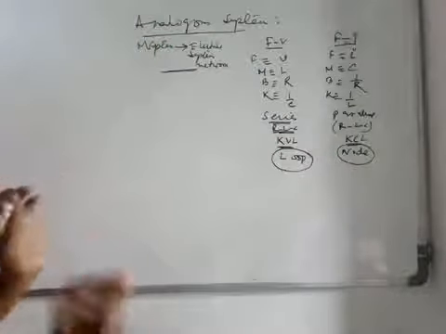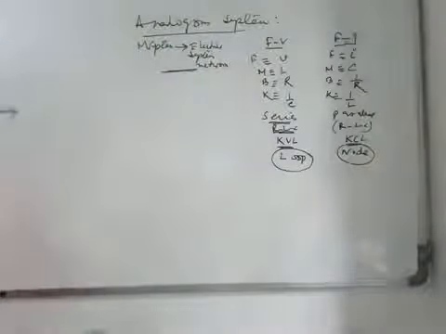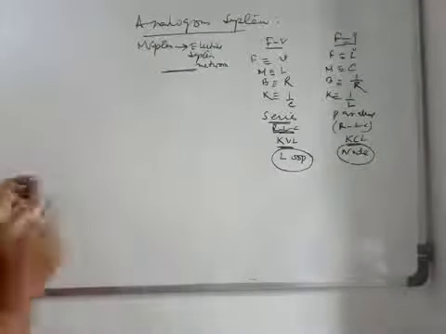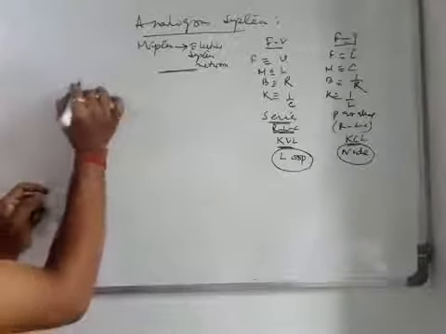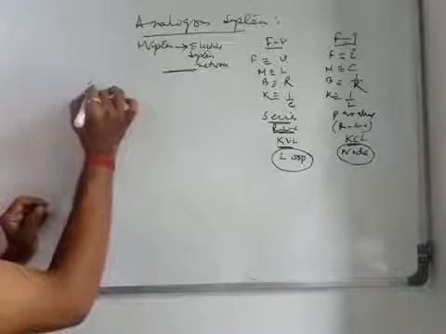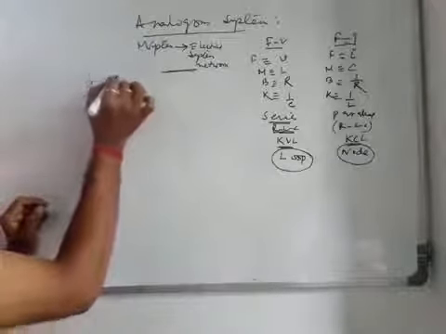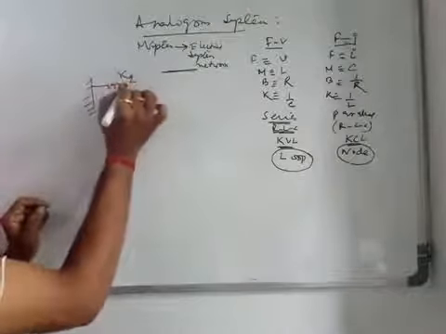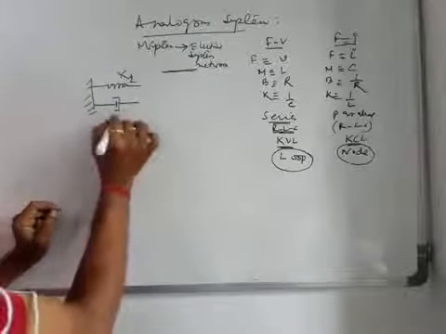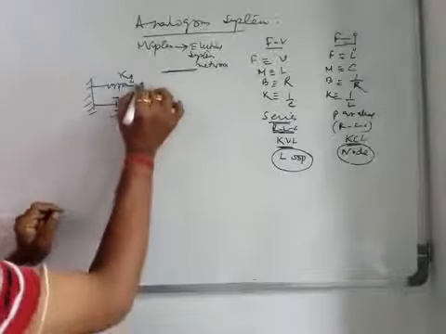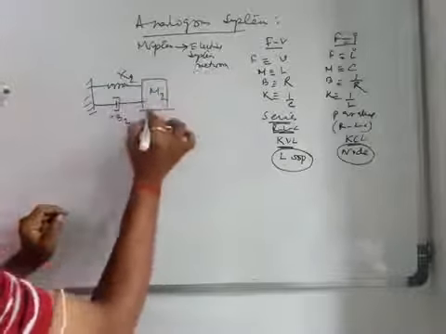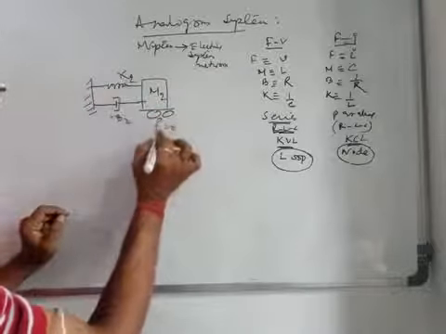We will consider one example. Already we have developed the mathematical modeling for that in the mathematical modeling of mechanical system classes. I am taking the two-mass cart system, where one end is rigid, and this is spring K2, this is damper B2, and here a mass is connected, which is M2, with friction F2 equal to 0.